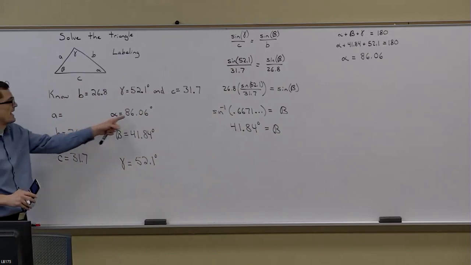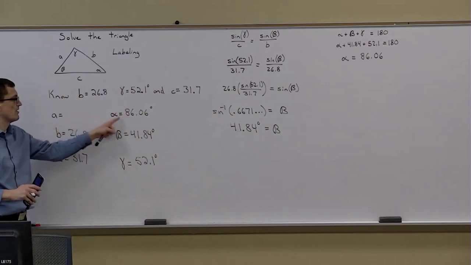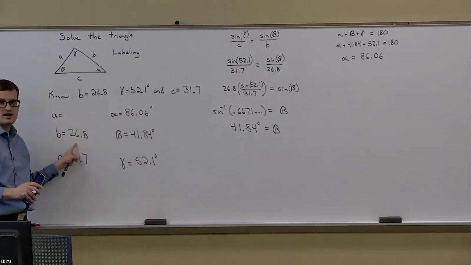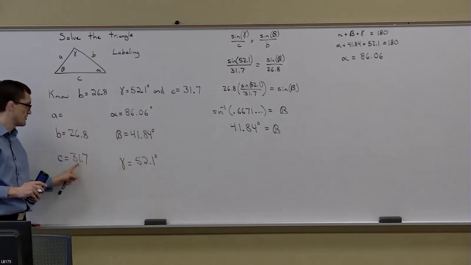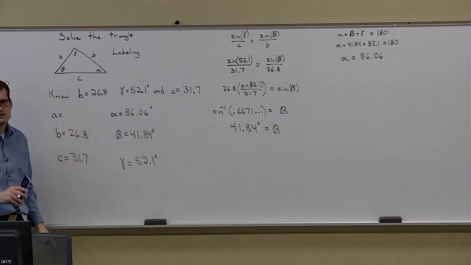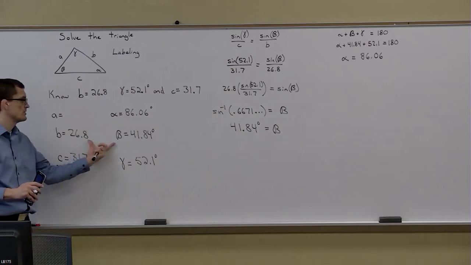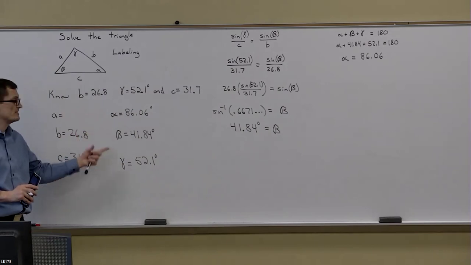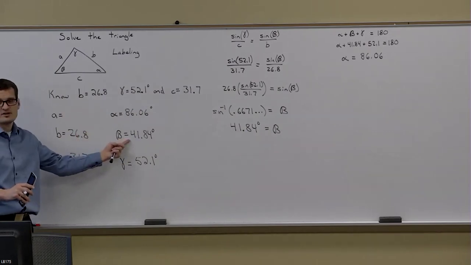Now that I have my alpha, I can use the law of sines along with either the beta and B combination or the gamma and C combination to get my A. It doesn't matter which one you use, you will get very close. This is a rounded number.